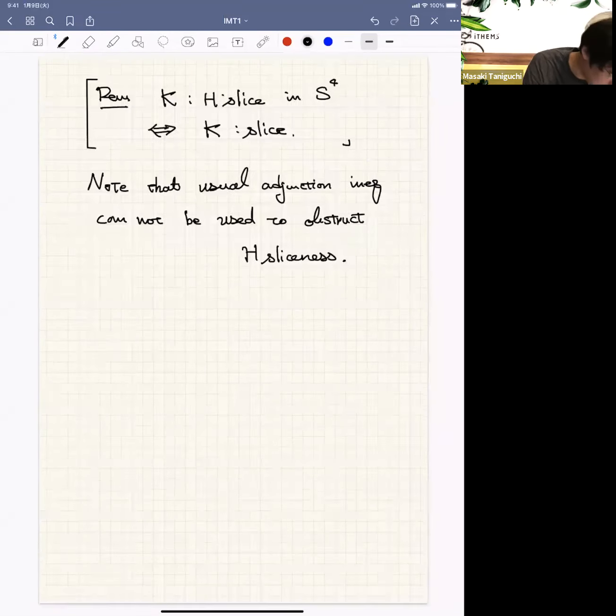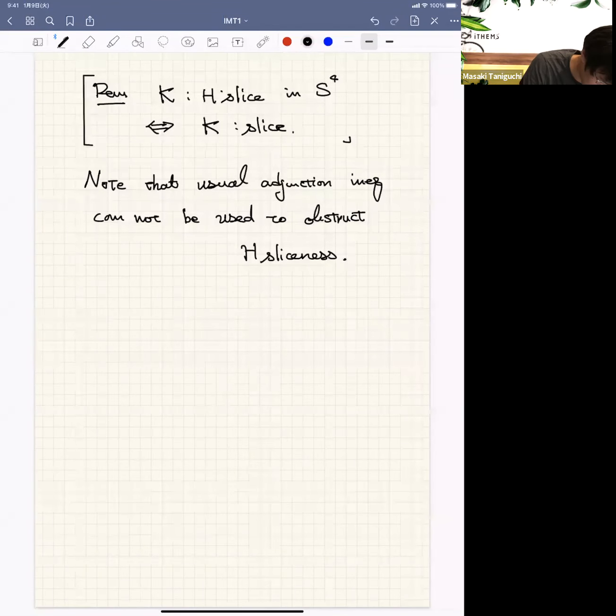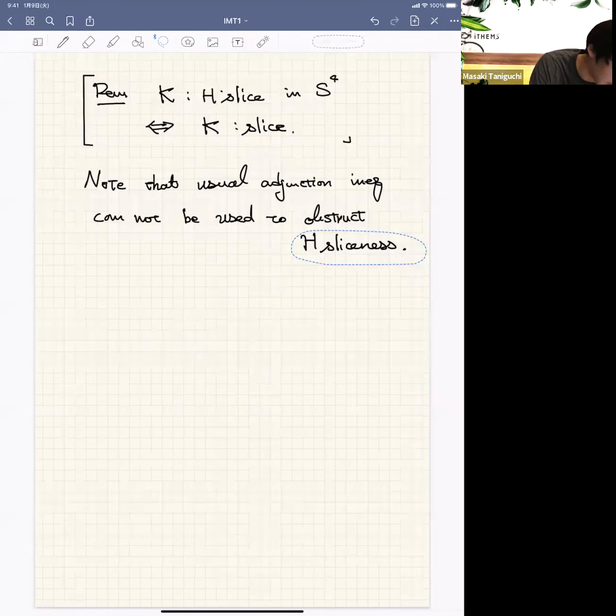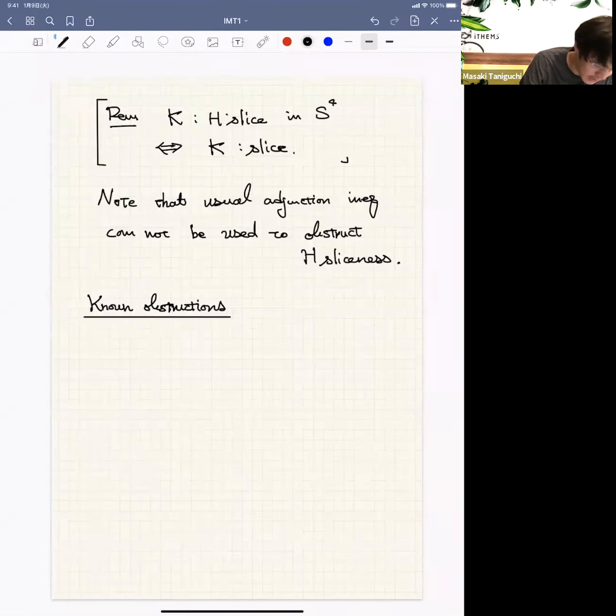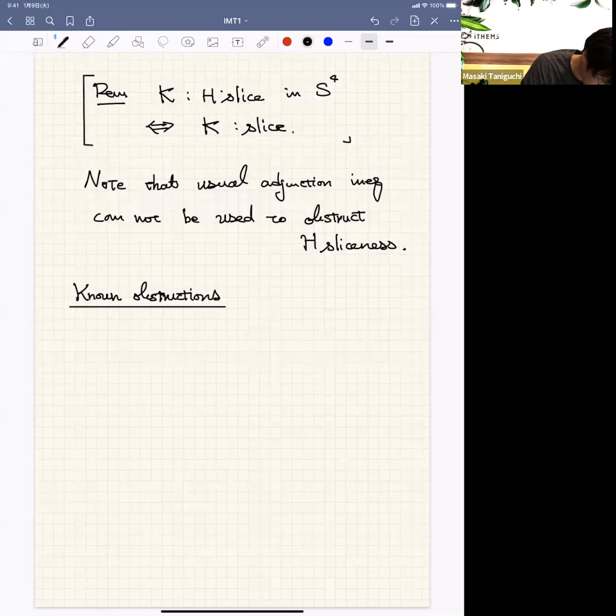First, I would like to review the known obstructions to H-sliceness. I would like to start with the topological obstructions, the obstructions to topological H-sliceness.